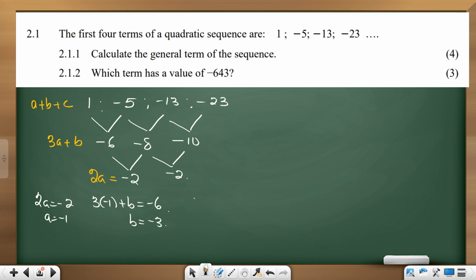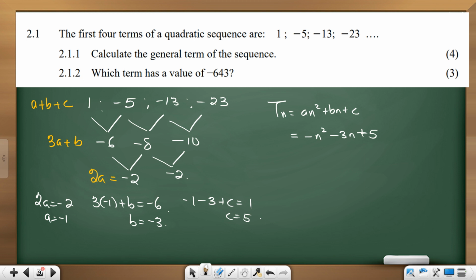And what is our c? -1, that's my a. My b is -3, plus c equals to 1. -4, c equals to what? 5. So what do we have? Tn equals to an squared. What's my a? -n squared minus 3n plus 5. All right, done. 4 marks in the bag.